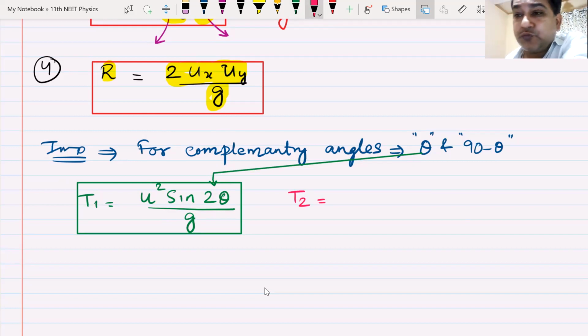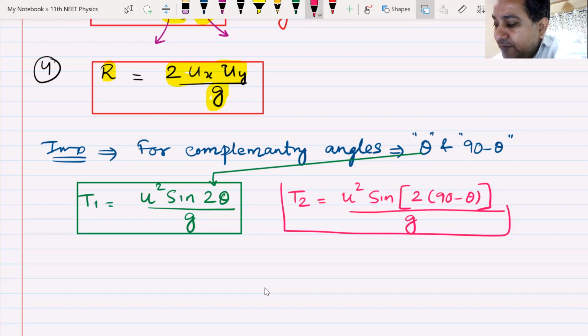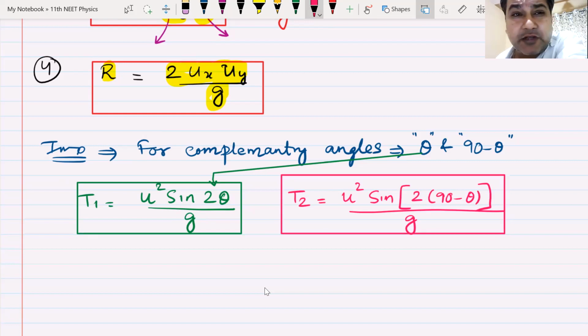Let us see T2. It will be u squared sine of 2 times 90 minus theta. Once you calculate this value, 2 times 90 minus theta, it will become sine of 180 minus 2 theta.